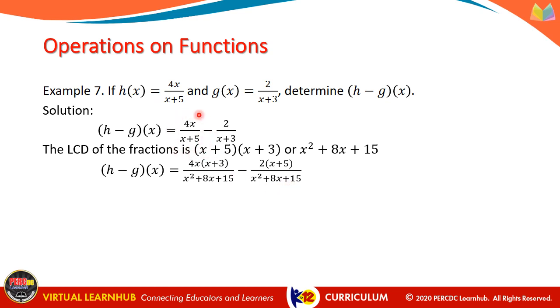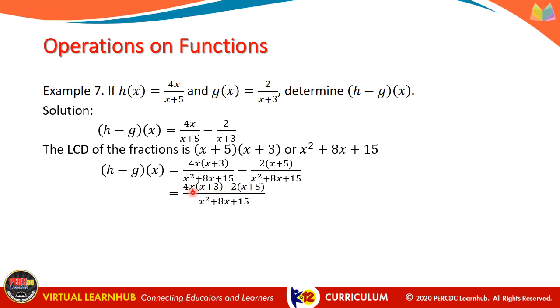4x over x plus 5 is just equal to 4x times x plus 3 over x squared plus 8x plus 15, and 2 over x plus 3 is equal to 2 times x plus 5 over x squared plus 8x plus 15. Next, we just copy the common denominator, x squared plus 8x plus 15, and subtract the numerators: 4x times x plus 3 minus 2 times x plus 5.